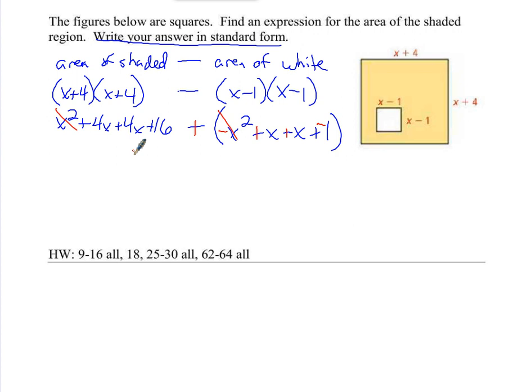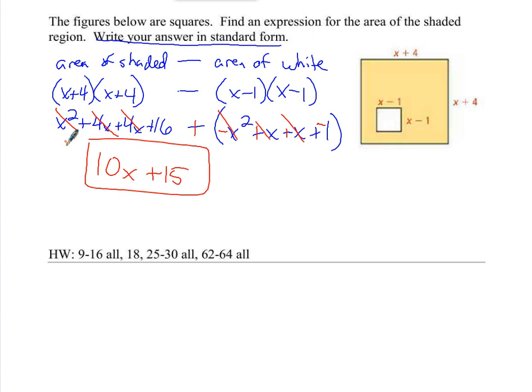What do we get there? 8x. But then I got another x and another x. 10x. Gone, gone, gone, gone. And now I got 16, negative 1, 15. So I write plus 15. That's the answer. Simplified down to that.